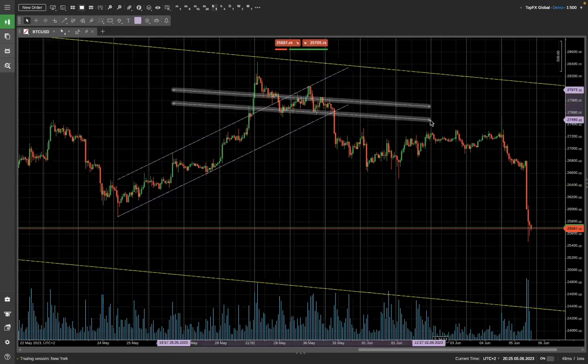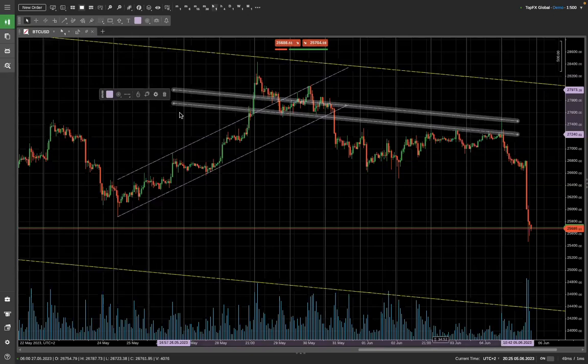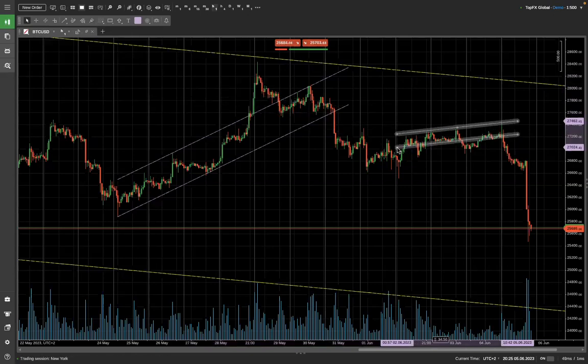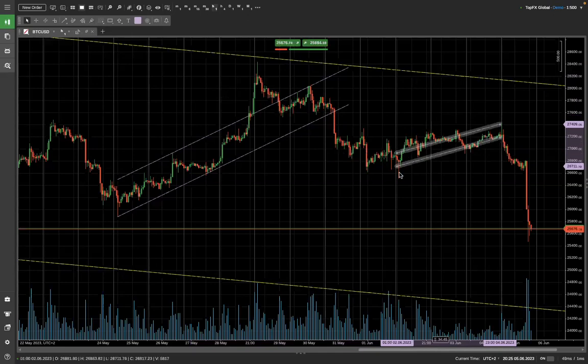So let me just do it this way. I know it looks strange. Don't worry, don't worry. Let me just figure it out. You can see this channel even here. If we move something like that, okay, so we have the equidistant channel, and it might be applied to this low.